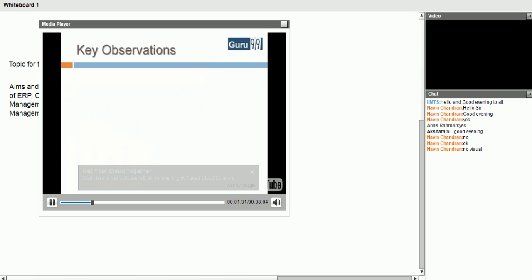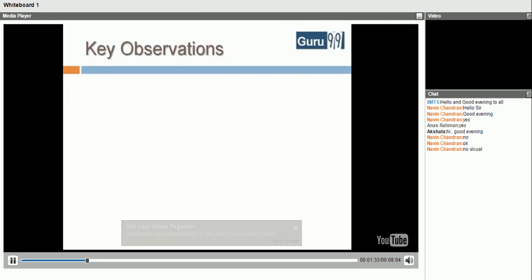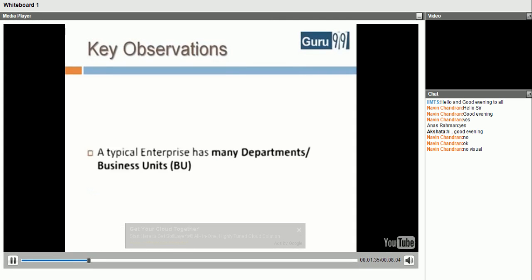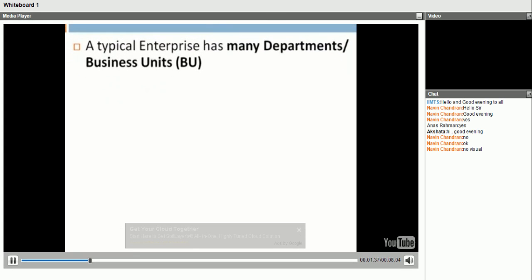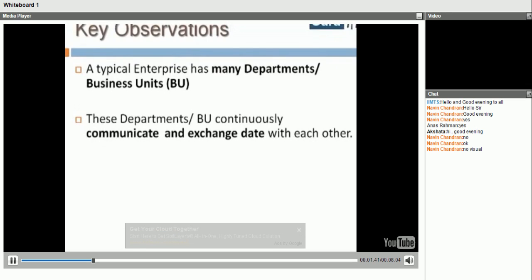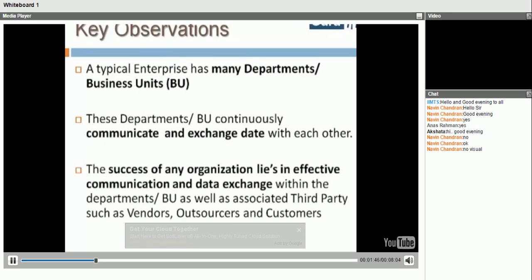Some key inferences one could derive from the scenario would be: a typical enterprise has many departments or business units. These departments or business units continuously communicate and exchange data with each other.